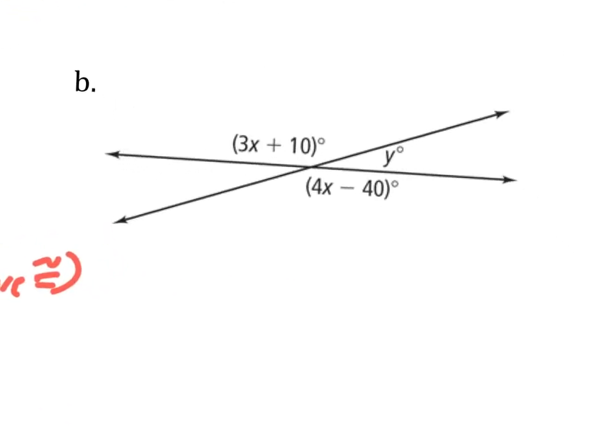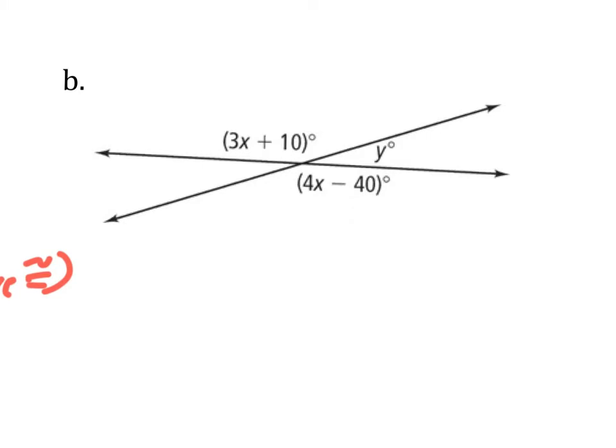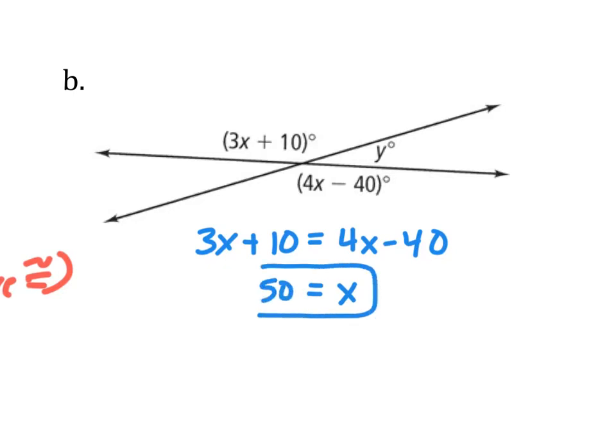Great. Now the difference between the previous one and this one is once we find out what these are, I actually need to find out what the whole angle is, plugging it back in, so that I can linear pair, supplement these. So let's set that up and do it. Here we have vertical angles are congruent, so the two sides are congruent. I'm going to subtract 3x from both sides and add 40 to both sides. So here's one of them, x is 50.